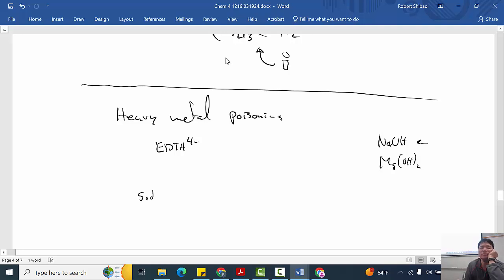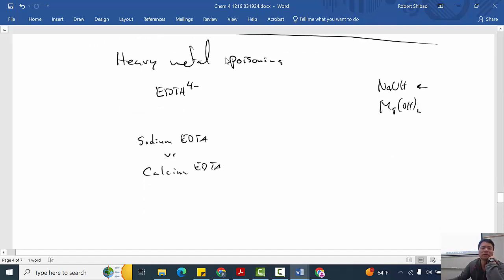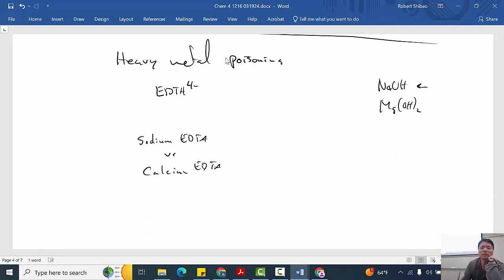We could have sodium EDTA versus calcium EDTA. Which would be more aggressive, which would be the less aggressive drug? Sodium EDTA would be the more aggressive drug, and calcium EDTA should be the less aggressive.